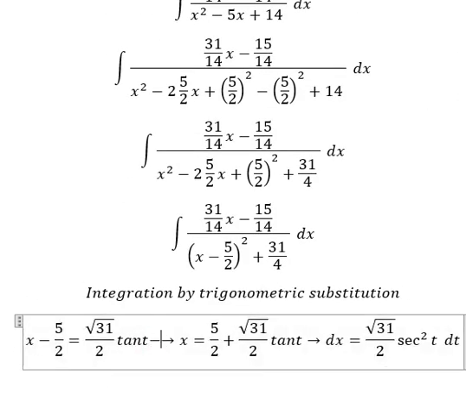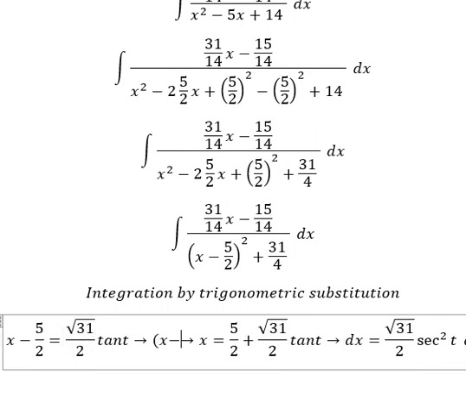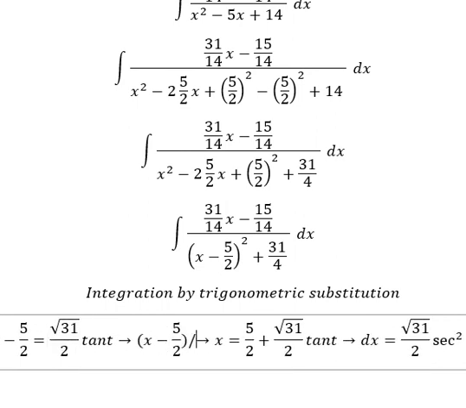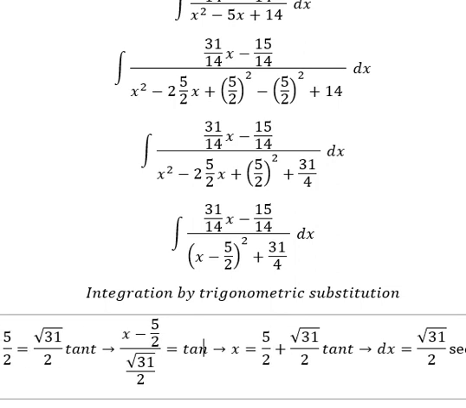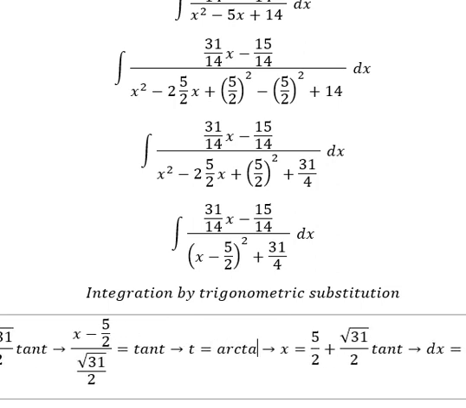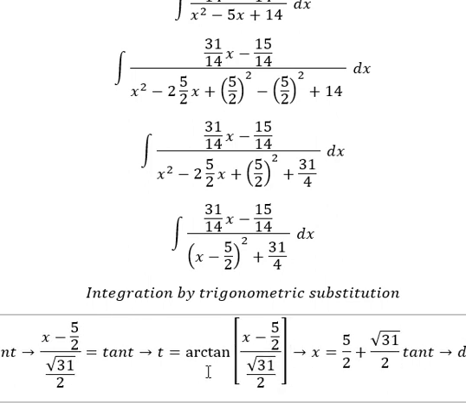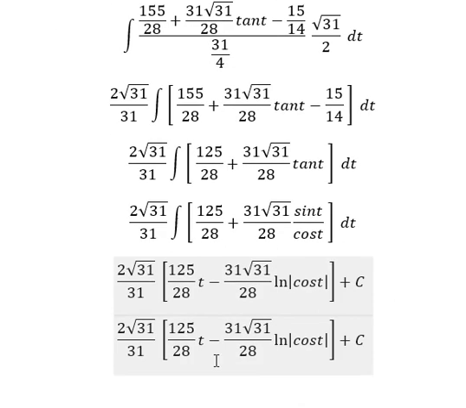So we divide both sides by this number in here. So we have t equals arctan of this one. So I will put this one to change for t.